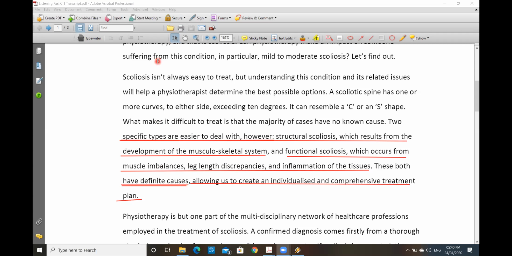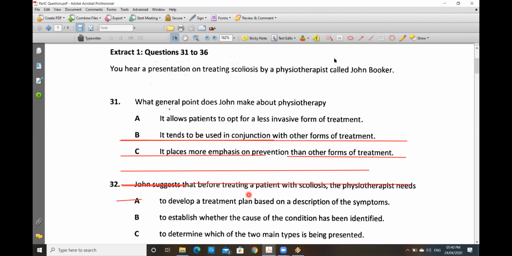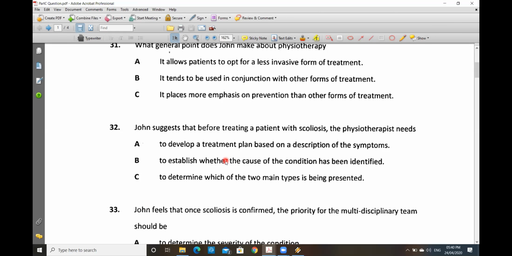So for the first question, the correct answer is B, and for the second one, it is also B: whether the cause of the condition has been identified. Because there was clearly nothing about the symptoms. They did talk about types, but they were not the main types. They are just two types. And you have to basically identify the cause.